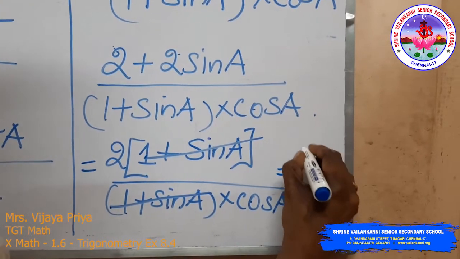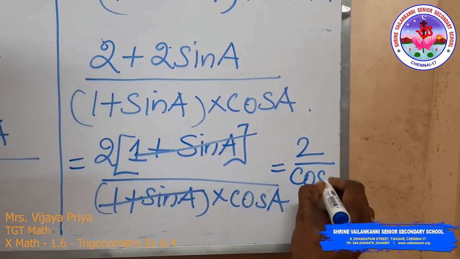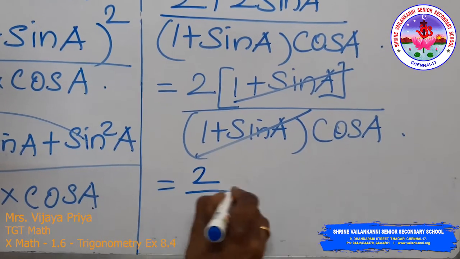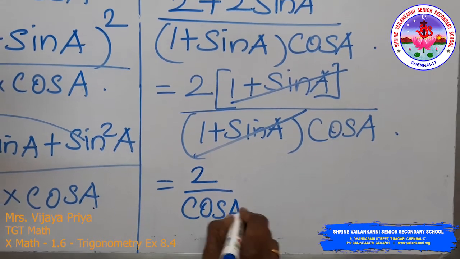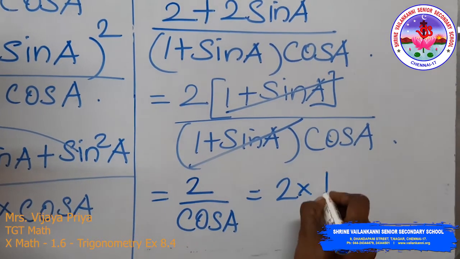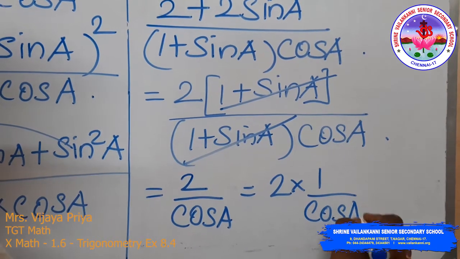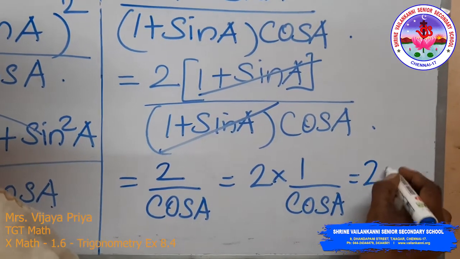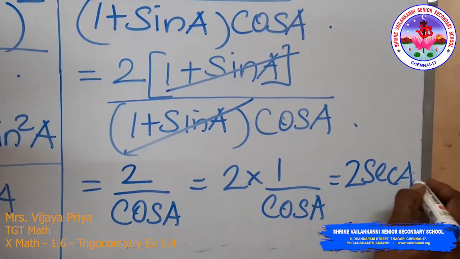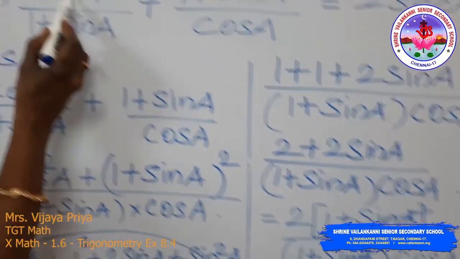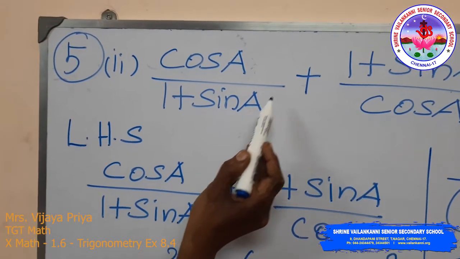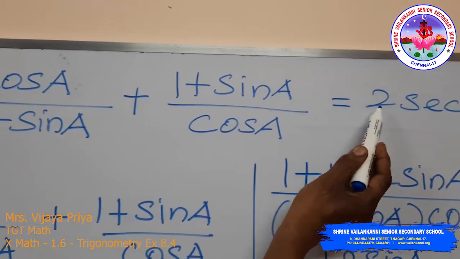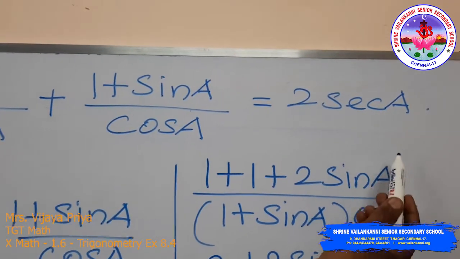So you will have 2 by cos A, which can be written as 2 into 1 by cos A. So my 1 by cos A will be secant A, so 2 into secant A. So I proved that cos A by (1 plus sin A) plus (1 plus sin A) by cos A is equal to 2 secant A, hence proved.